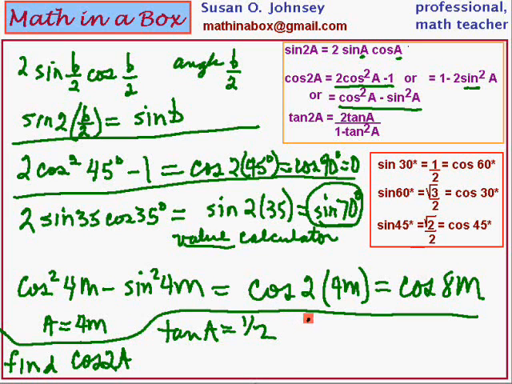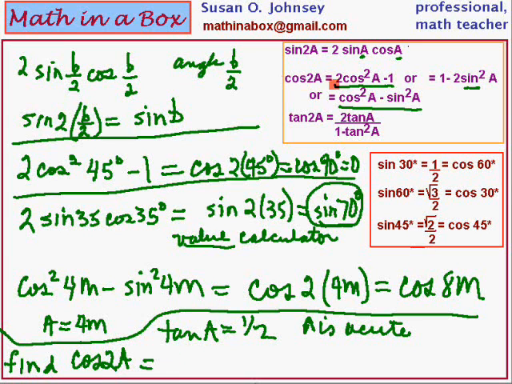And I'll also tell you that a is acute. Acute means it's less than 90 degrees. How would we find the cosine of 2a, knowing the tangent?